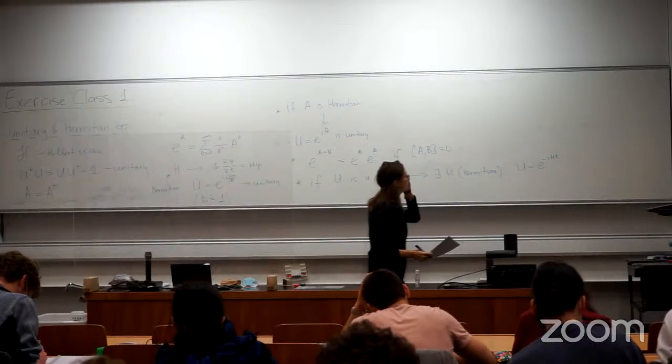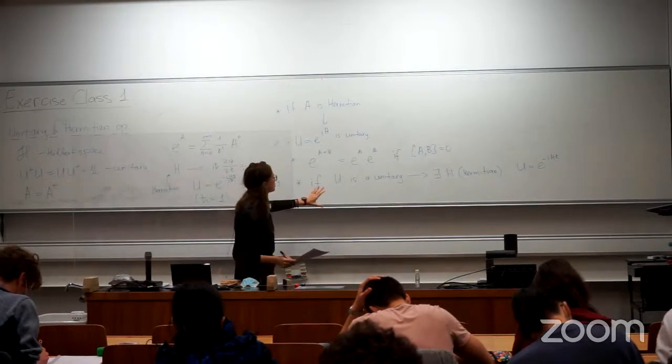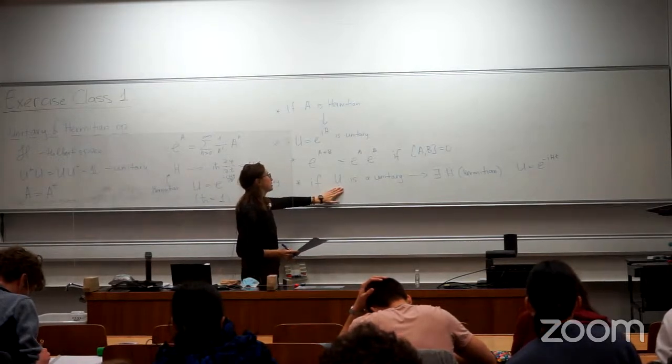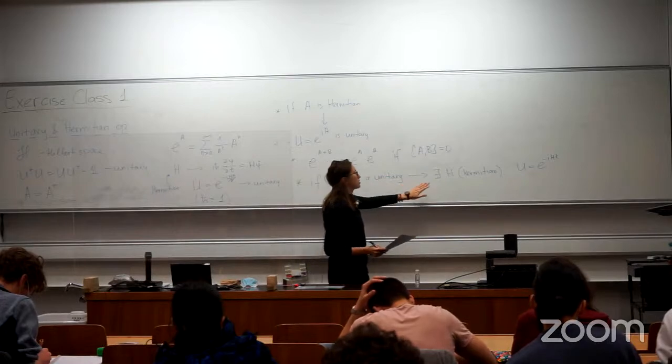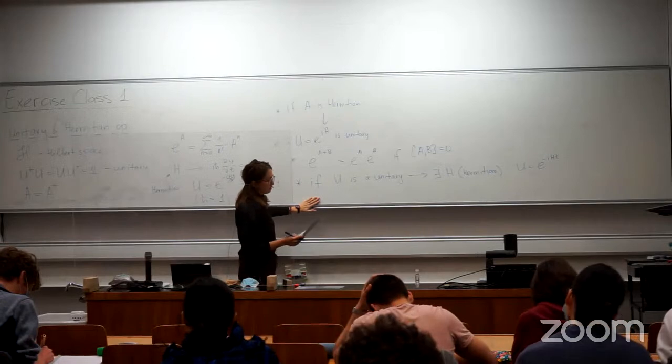So what does that mean? Mathematically, it just means that if we have a unitary, then we can always find a Hermitian operator such that this unitary is the operator exponential of this Hermitian operator.